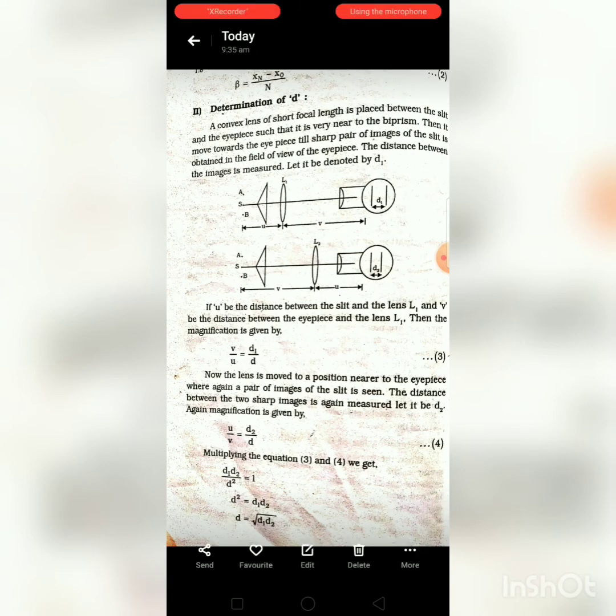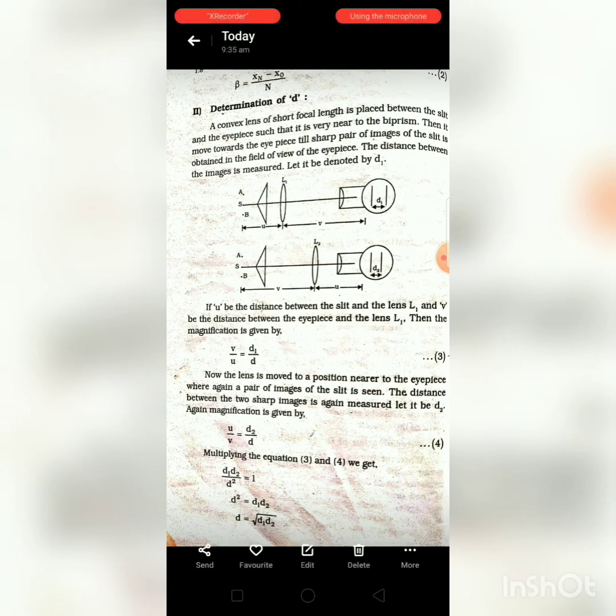The position of the cross wire is again read, xn, the last point. The fringe width is then given by: xn, the last term, minus x0, the initial term, divided by the total number of fringes counted. That gives the fringe width.